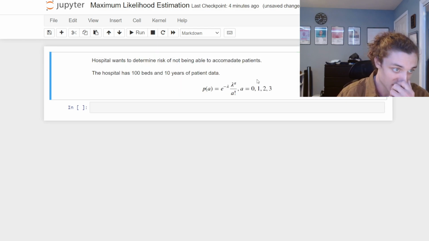But I'm not going to write this as a piecewise function because that sounds horrible right now. So this is the probability for a given realization.